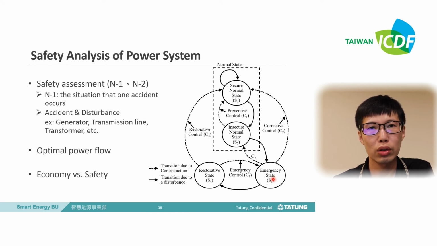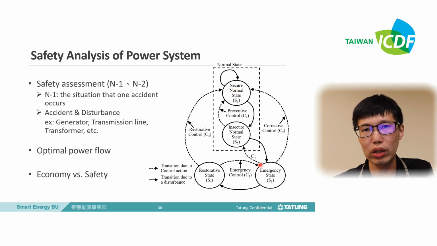The power interruption may occur at any time. So the operator should do some emergency control, some corrective control, to transfer the state back to insecure normal state or secure normal state.